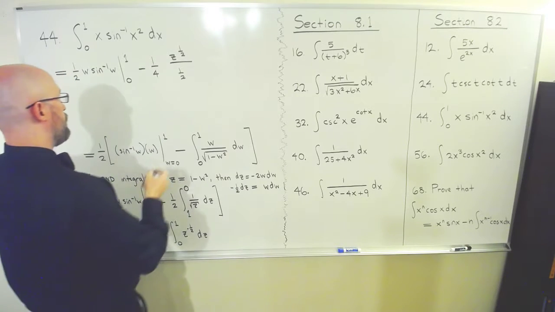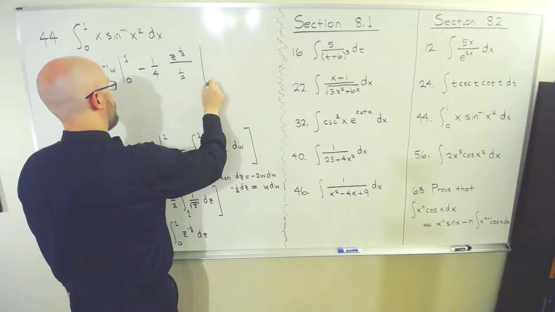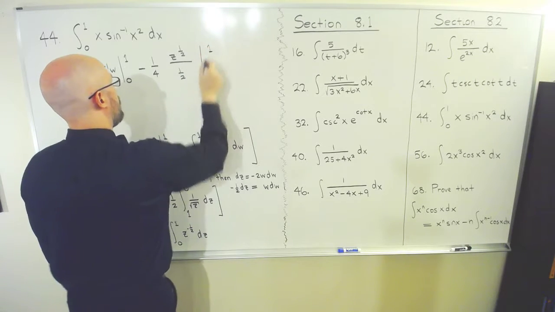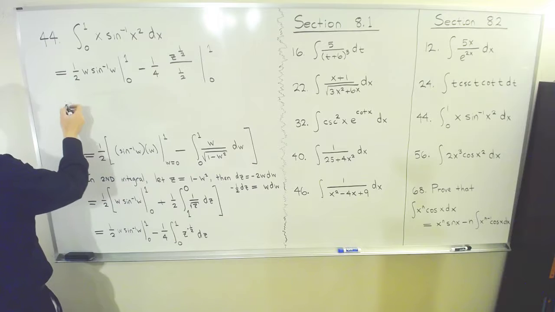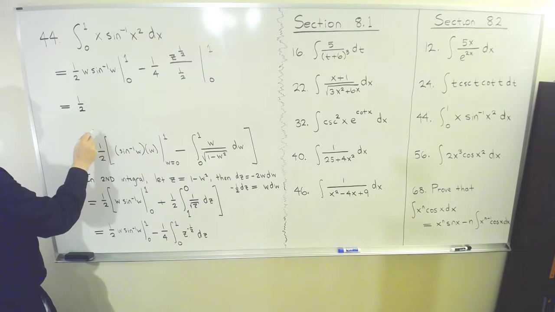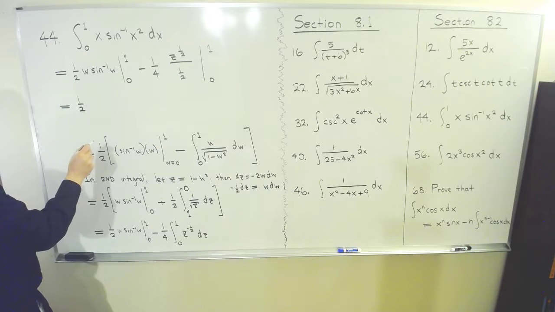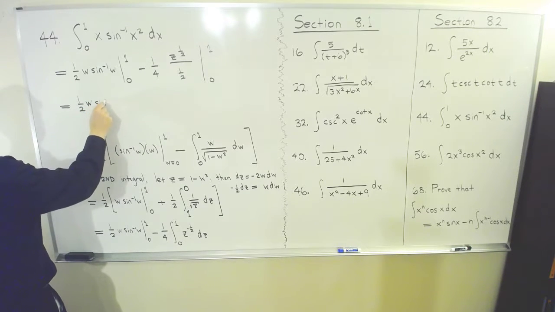And this is evaluated from 0 to 1 for z. So this is going to give me 1/2. I'm going to simplify one more time, and then we'll substitute in values.